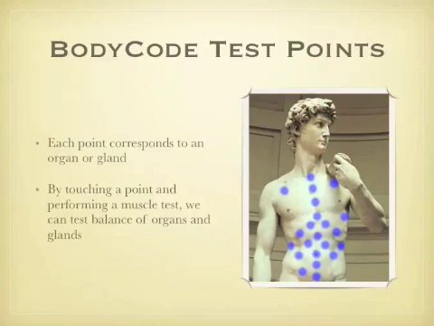For example, if you have right knee pain, it's a very good bet that you have an imbalance in your gallbladder. Okay, that doesn't mean you have disease in the gallbladder, but the gallbladder connects up energetically with certain muscles in the right knee, for example. If you've got back pain, it's very likely that you've got an imbalance in the kidneys. And so that's how this works. There are connections between the organs.